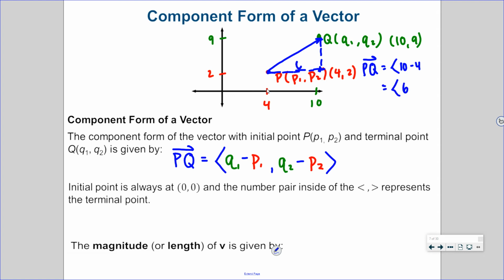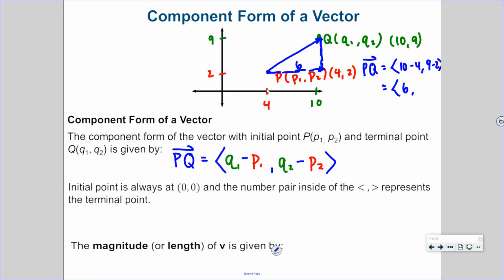So we all agree that distance is 6. We call that our horizontal component, the distance between the x-coordinates. And then to find the vertical component, we would take 9 minus 2, which is 7.